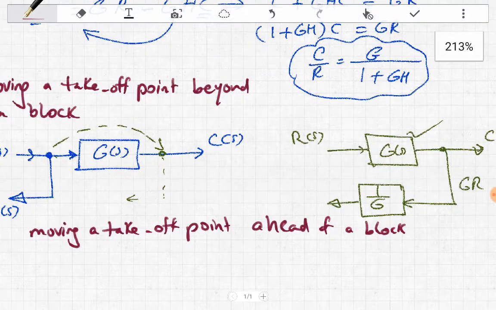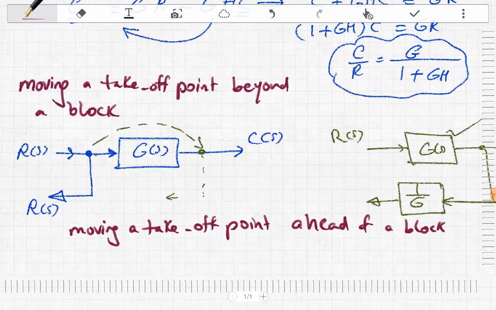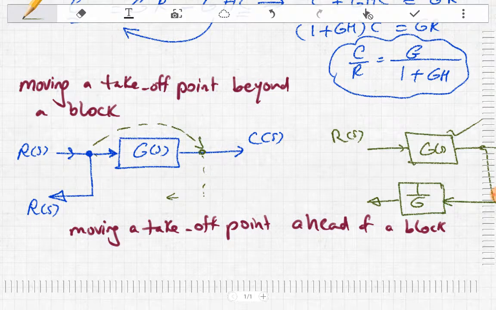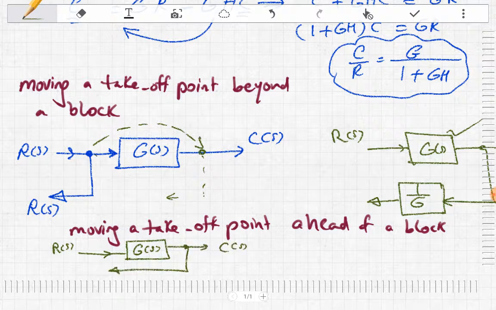Well, this will be something like that. You have here input R of S going to a block G of S. You got C of S, and then you have the branching here, the takeoff point from here.